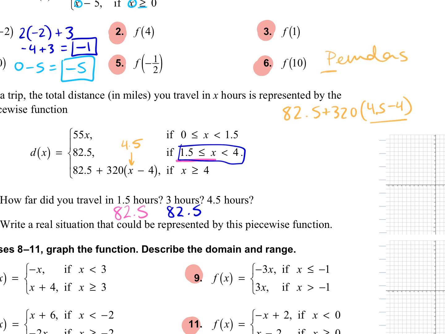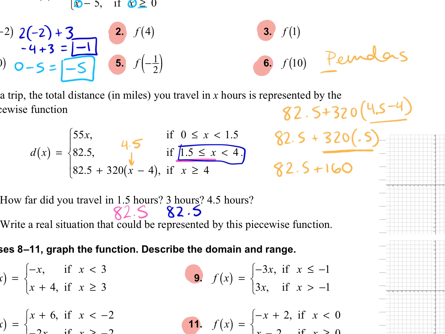So 82.5 plus 320. What's 4.5 minus 4? 0.5. Then I can multiply these two together. Does anybody know what 320 times 0.5 is? 160. Awesome. When you multiply it by 0.5, it's like dividing by 2. So that'd be plus 160.